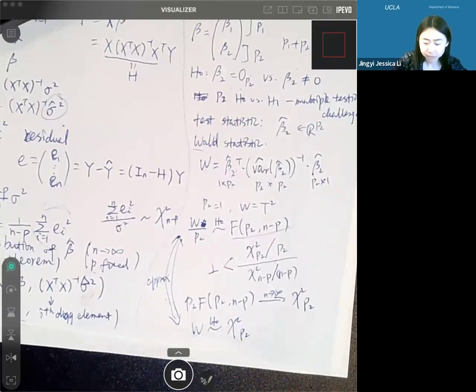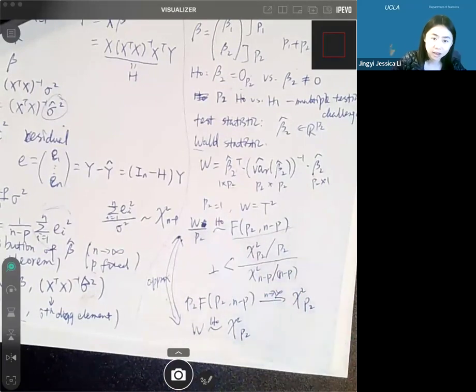In the setting of linear regression, if you use the normal distribution for the T statistic or the chi-square distribution for the Wald statistic, we call that the asymptotic null distribution. But if we use the T distribution for the T statistic and the F distribution for the Wald statistic, we call this the finite sample null distribution, even though this still requires the normality assumption for the error terms.